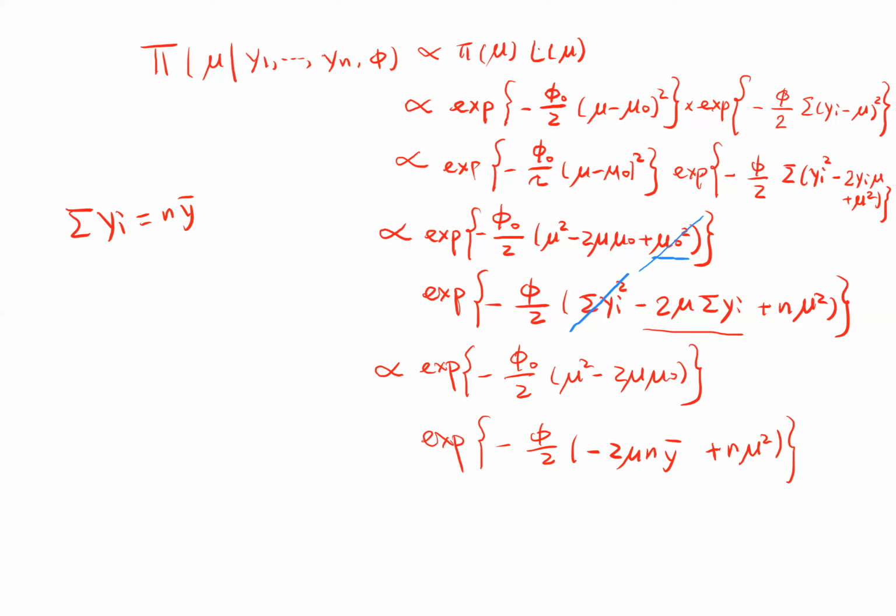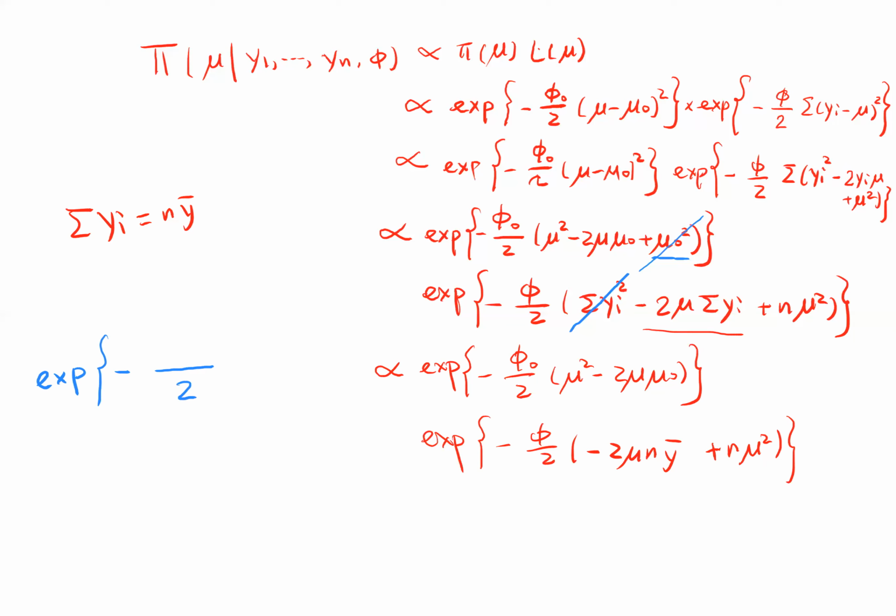And eventually, we were told that it's gonna be a normal posterior distribution, so you will try to recognize a particular form in the exponent. I'll write it directly here.